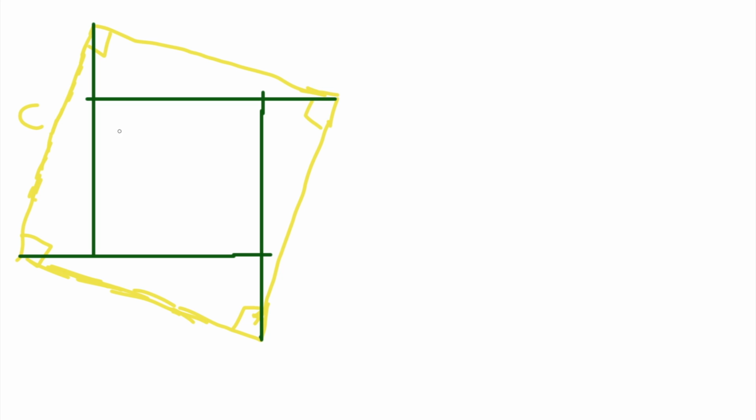Okay, so now we have our 4 right triangles. So where are the right angles? Well, we have a right angle right here. Let's use purple, just because I like purple.